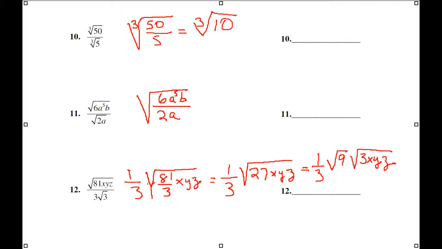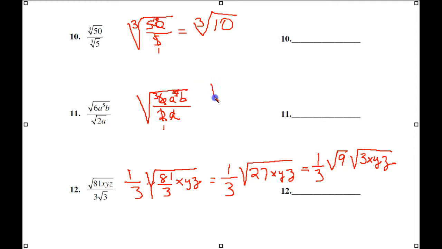Alright, to keep it a little shorter, I've kind of done some of the work here. So I put this under one radical sign. This is just going to cancel, and I get the 3rd root of 10. Now here, putting it under one radical sign, this cancels. I cancel one of the a's, so this becomes a 4.